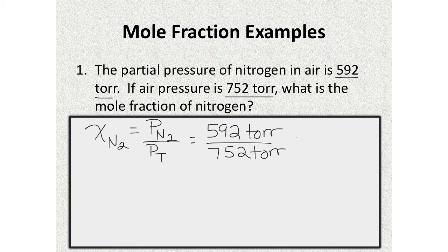And if we put that into our calculator, that gives me 0.787. There are no units on mole fraction because the units cancel, and it is expressed as a decimal, even though it says it's mole fraction. So 0.787, which would correlate to about 79%.